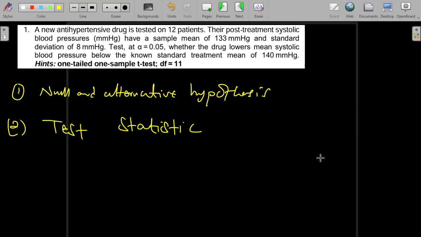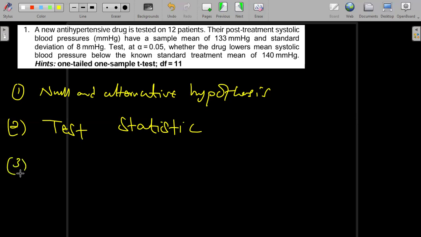But that also has some restrictions. You look at whether the population standard deviation has been given or not. If it has not been given, then we have to use the T test. If it has been given, then we'll use the Z test. So this is the second step.